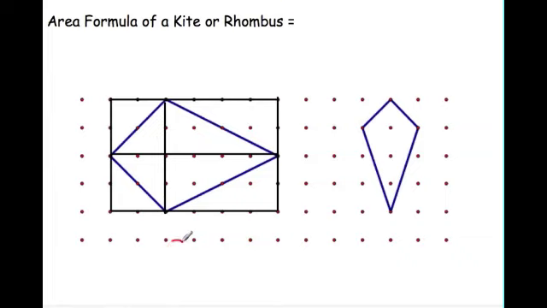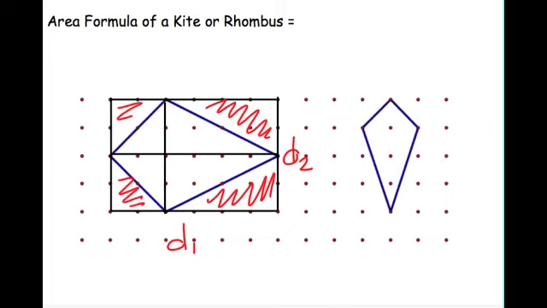We keep coming back to that. And what we find is that each of these boxes, we're taking half of it. So we're going to cut out half of each one of these rectangles. So we're going to call it D1 and D2 for the diagonals. And so our area formula is going to be 1/2 D1 times D2.